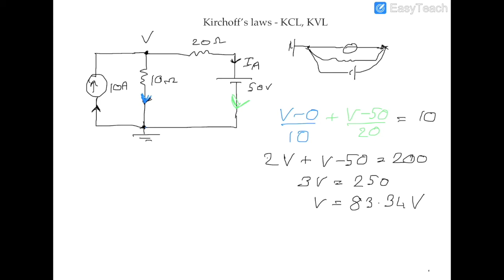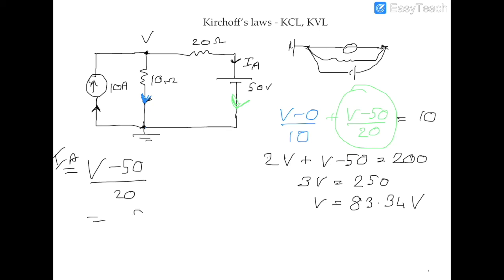All right. So now the question is to find IA. So IA is nothing but this branch right here. So we already have the expression for IA, which is V minus 50 by 20.